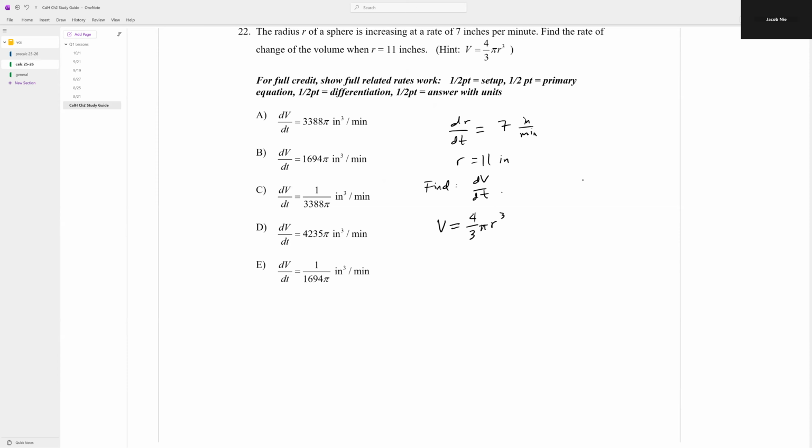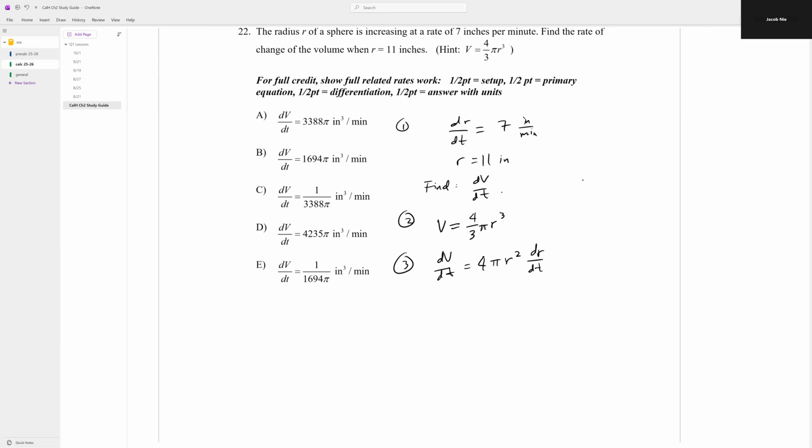And so now the next step, right? Step 1, step 2, step 3. The third step is to differentiate both sides with respect to time. That's dV/dt equals, okay, the cube is going to cancel out with the 3 here, so I'm left with 4 pi r squared. And don't forget to multiply by dr/dt. It's changeable, right? r is also a function of t.